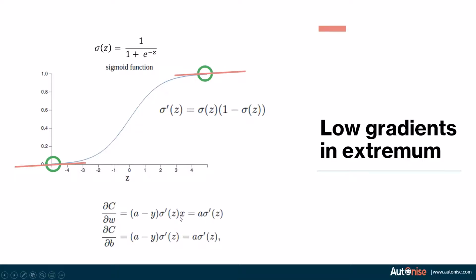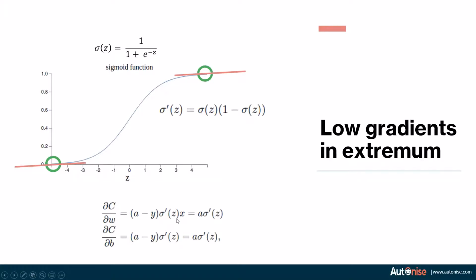Next, we have x. z is equal to wx plus b, and x is the input to our hidden neural network. So these are the variables of the equation. You do not need to remember what each variable represents. The important part is sigma dash of z.